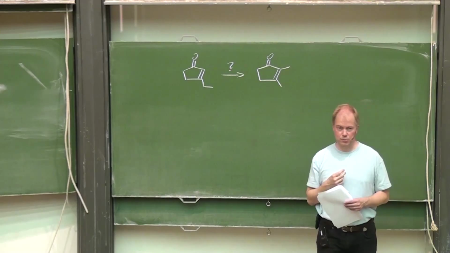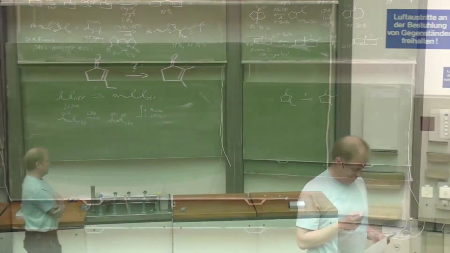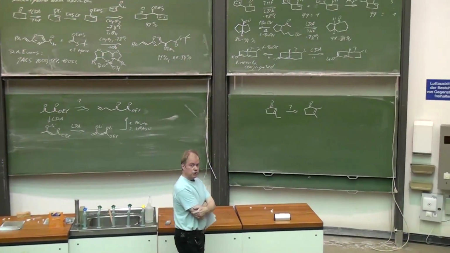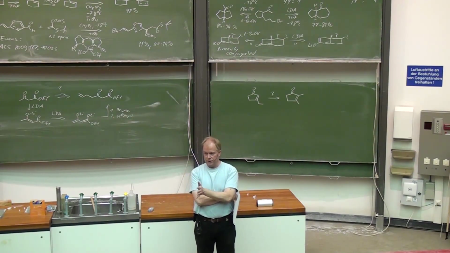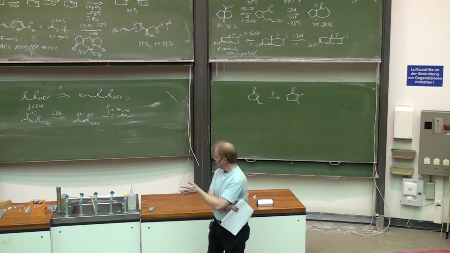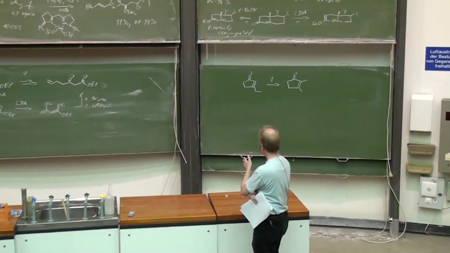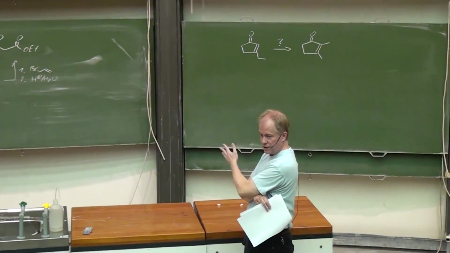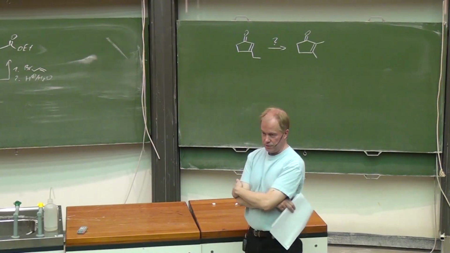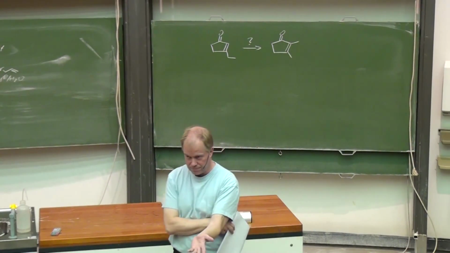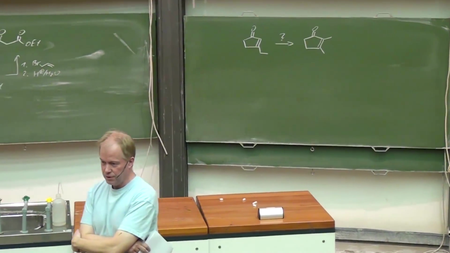Please think about the problem. One additional hint for solving this problem: please think about how you would synthesize the starting material and how you would synthesize the product if you would start from something. This will help.